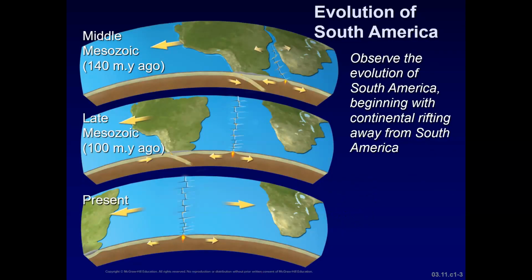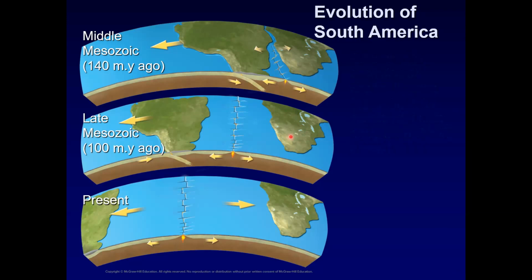So this is the evolution of South America. In the middle Mesozoic, 140 million years ago, you have rifting on this side and then movement over here, away from Africa. All right.